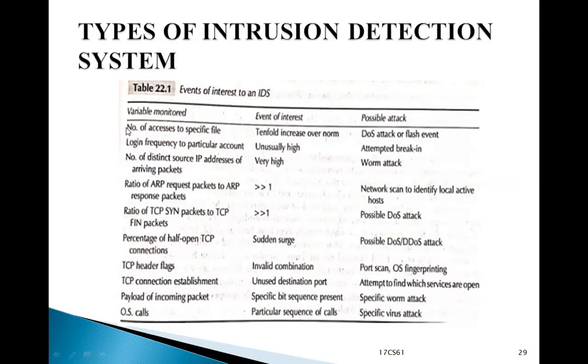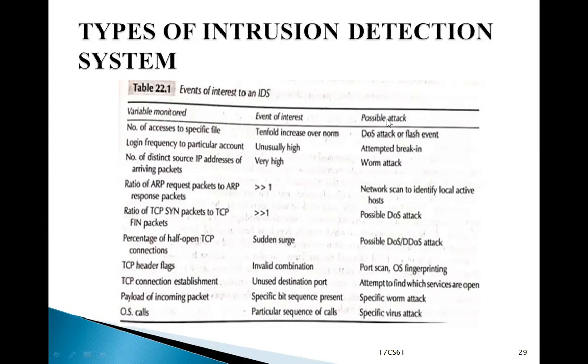So if the variable monitored by the IDS, the number of accesses to a specific file, has a greater increase than the usual activity, then it is going to guess the possible attack as a DOS attack or flash event. What is a flash event here? A flash event over the network is similar to a DDoS attack.